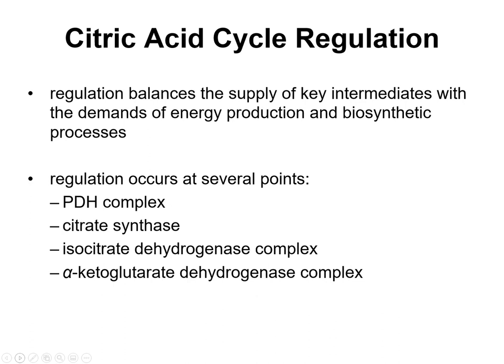Regulation occurs at several different points: the pyruvate dehydrogenase complex, citrate synthase, isocitrate dehydrogenase complex, and the alpha-ketoglutarate dehydrogenase complex. So these are all places where regulation occurs. Take a second and think to yourself, what kinds of molecules do you think will activate and which kinds of molecules will inhibit the citric acid cycle?